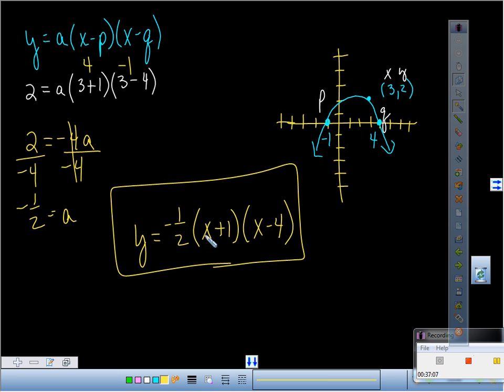What if I asked you to put that in standard form? Could you do that? AX squared plus BX plus C. What would you do if I asked you to put that in standard form? Just distribute and then what? Multiply everything by negative 1/2. Is that hard?